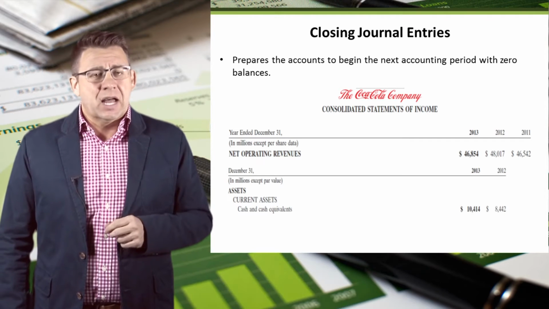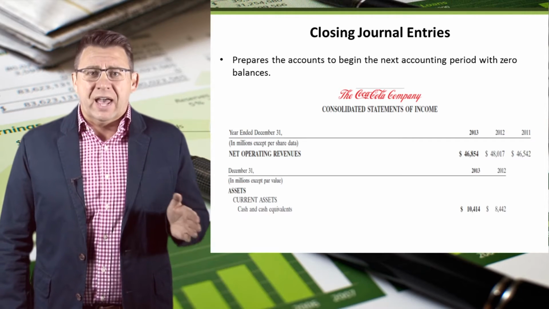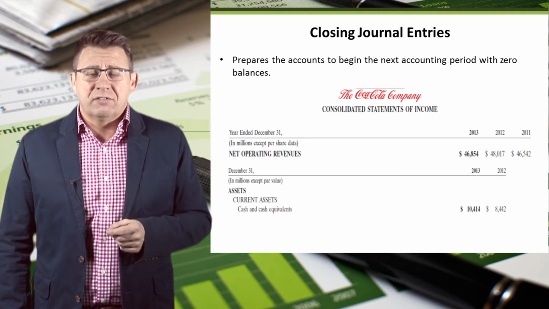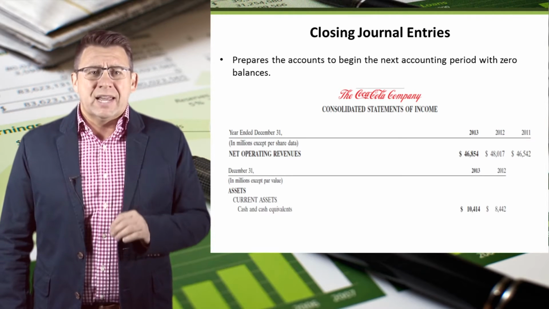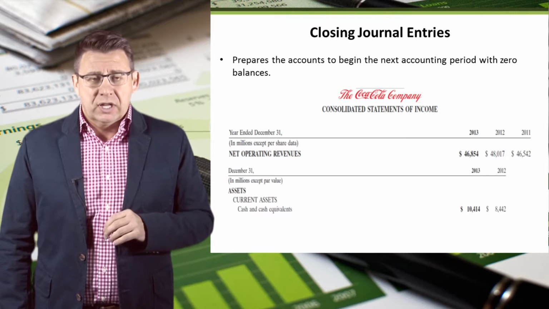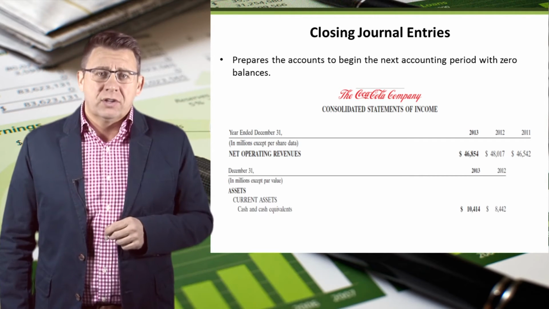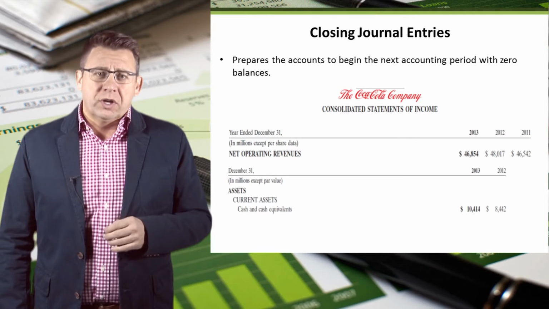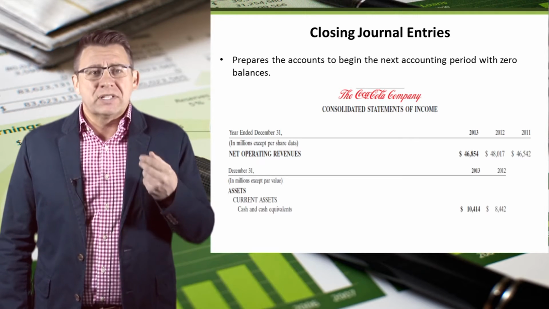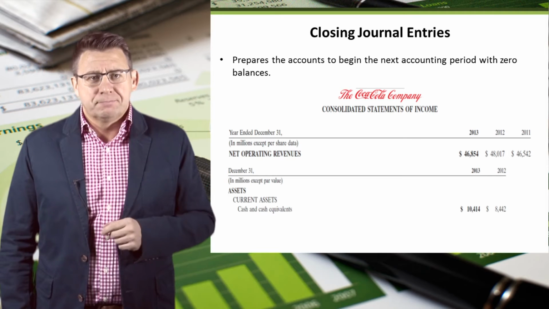Cash, on the other hand, is not closed. This is the amount of cash Coke had on hand at the end of last year. It wouldn't make sense to close this account and start the new year with a zero balance in our cash account. Coke would start the new year with a beginning balance that was last year's ending balance.